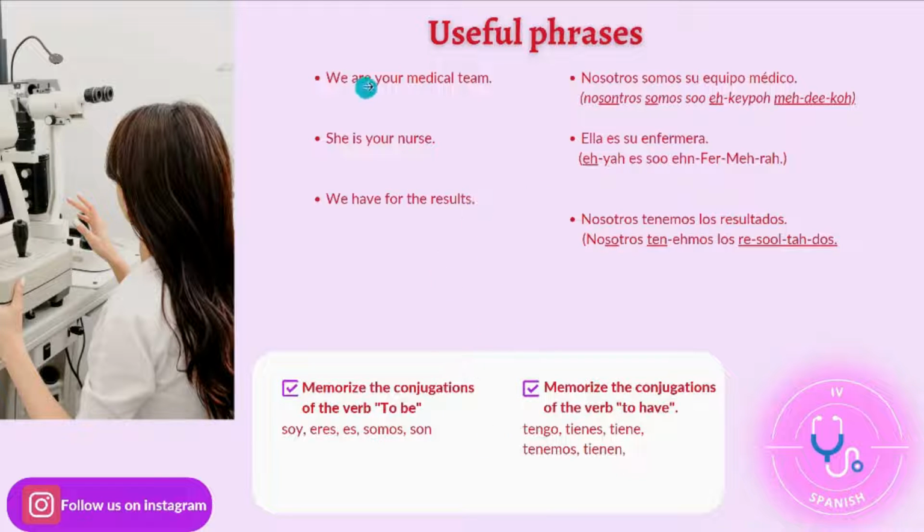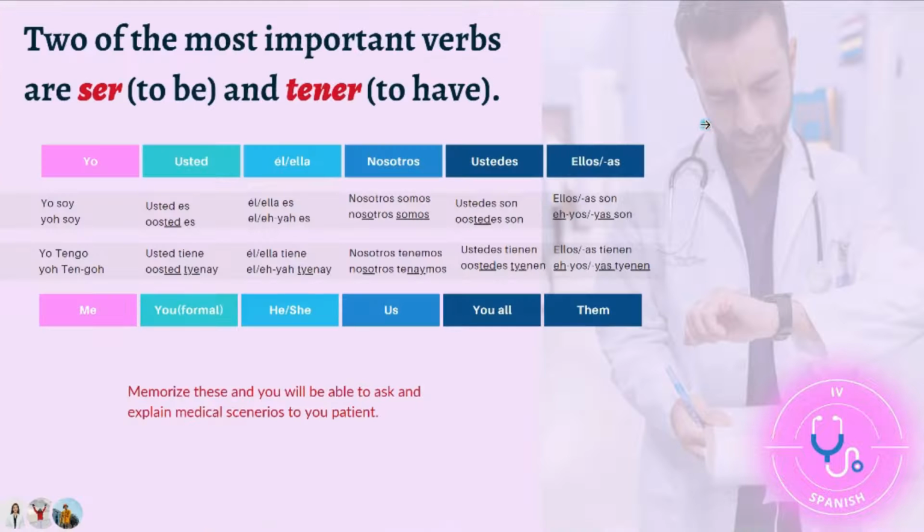Now, if we go to the first and third one here, where it says nosotros somos su equipo médico, you can actually skip the nosotros and you can just say somos su equipo médico, which is still technically saying we are your medical team. And same for this one. Nosotros tenemos los resultados. You can just say tenemos los resultados. Now, why is that?